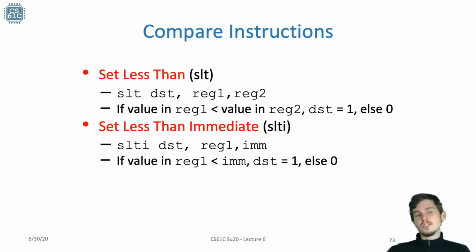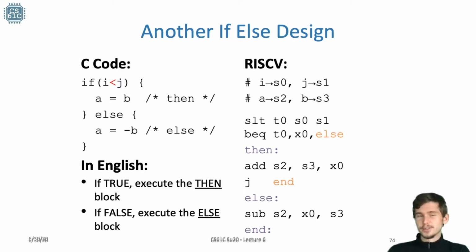This is actually very useful, and I want you to think back to what type of control flow might this be useful for. Hint, that was the word, control flow. So let me bring back the idea that we had with our branch instructions. Say we only have the operation branch equal to, and we want to perform this if i is less than j operation. We could actually use set less than to accomplish this.